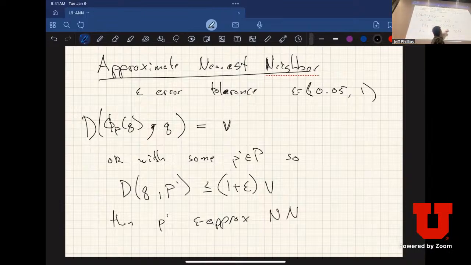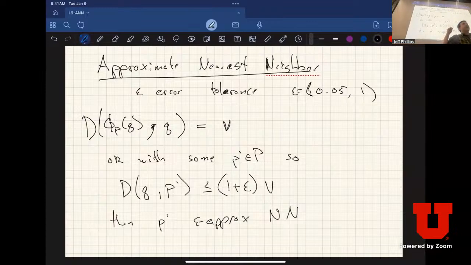So I'm willing to allow some approximation. If epsilon is, say, 0.05, it's off by 5% of the distance. If epsilon is 1, then I'm off by, say, a factor of 2. I'm okay with something within a factor of 2 of the optimal distance. It turns out it's sometimes very hard to get the exact nearest neighbor, but we're okay with something that's approximately a nearest neighbor. We're allowing some modeling error, but the algorithms are able to run much faster if we can do this.